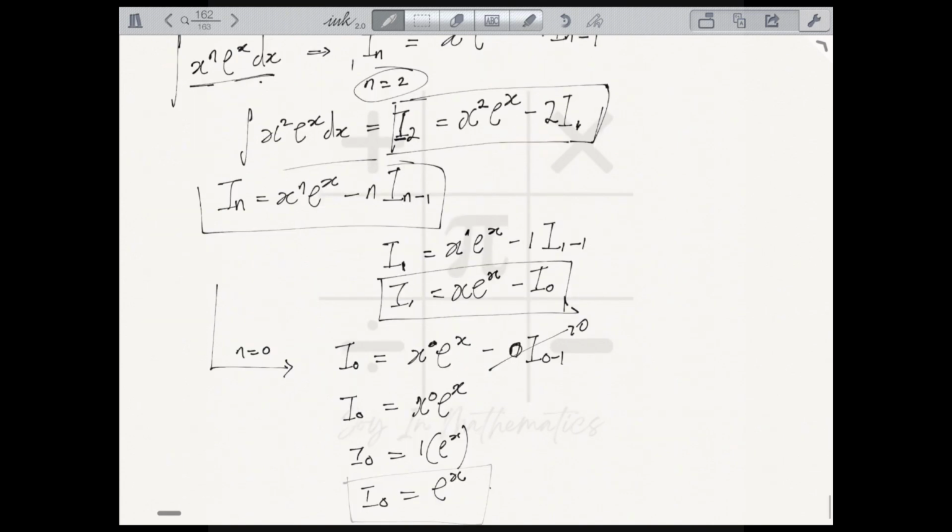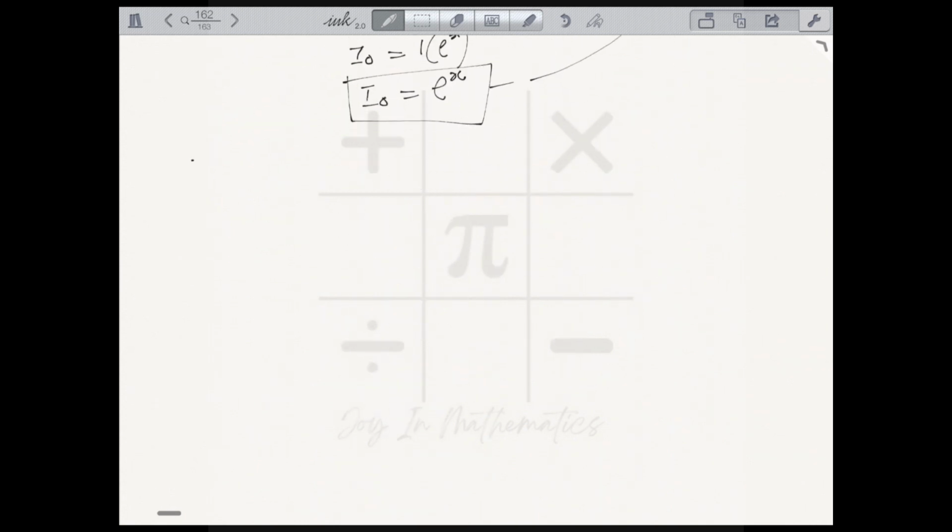We will now substitute the value of I0 into I1, and we substitute the value of I1 into I2. So let's rewrite the expressions. I0 is exponential x.